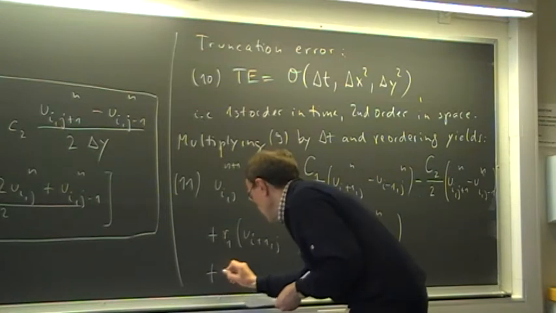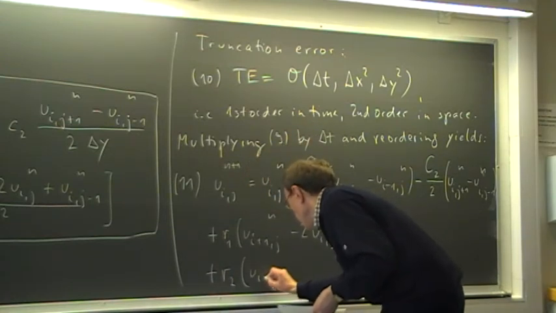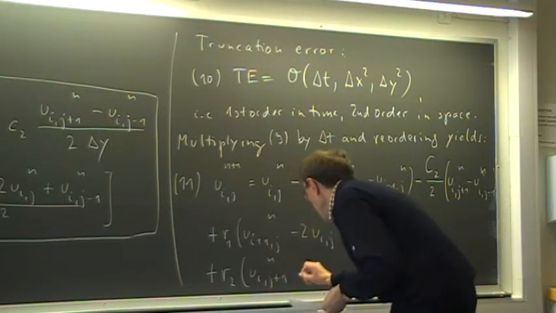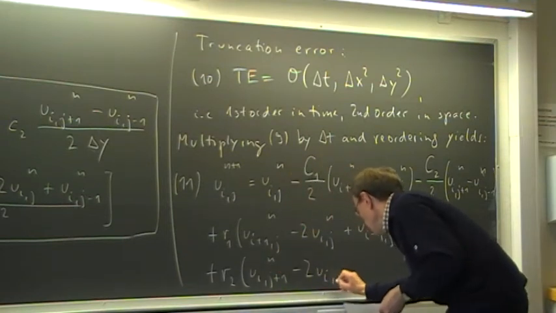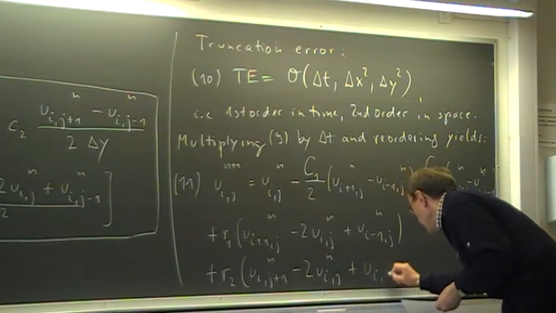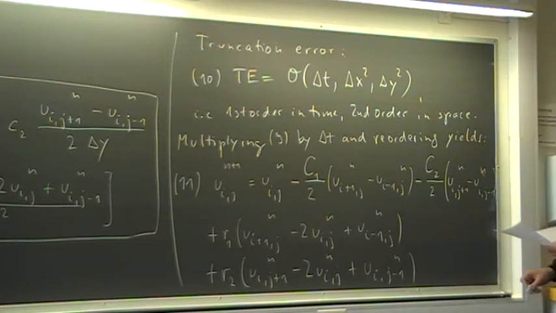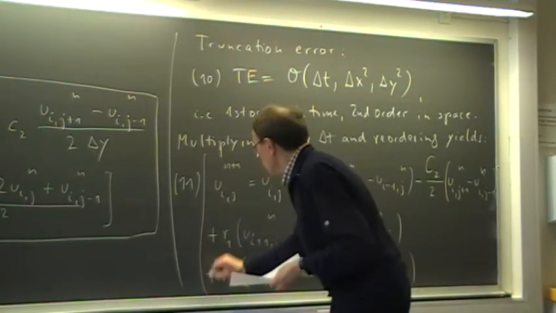And we get a contribution also from the y direction, similarly, u i j plus 1 n minus 2 u i j n plus u i j minus 1. So that all is on the right hand side.